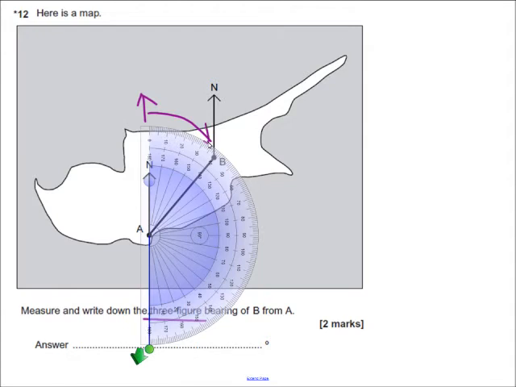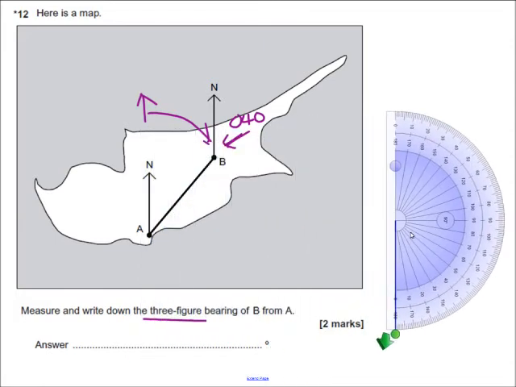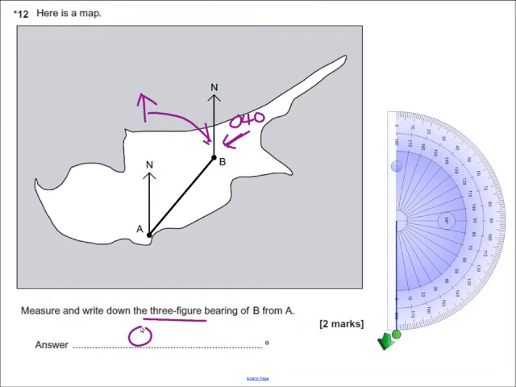As you can see, 0, 10, 20, 30, we have a bearing of 40 degrees, but with bearings you have to remember the leading 0. So on the answer line, they're expecting to see the bearing 0, 4, 0 of B from A. So this bearing here is 0, 4, 0.